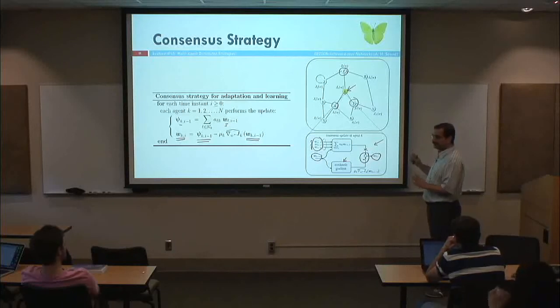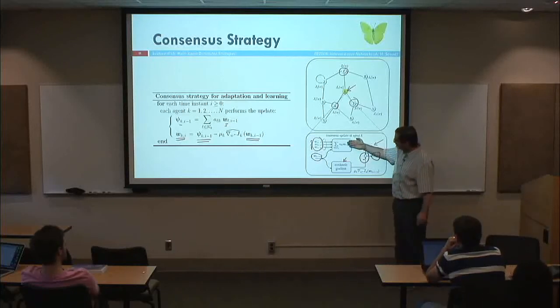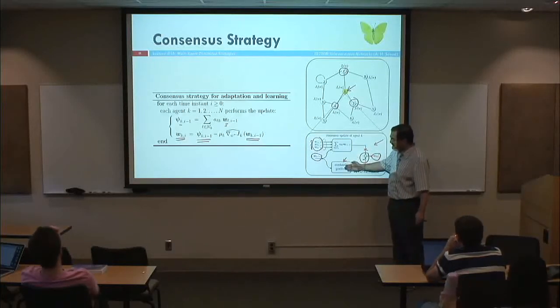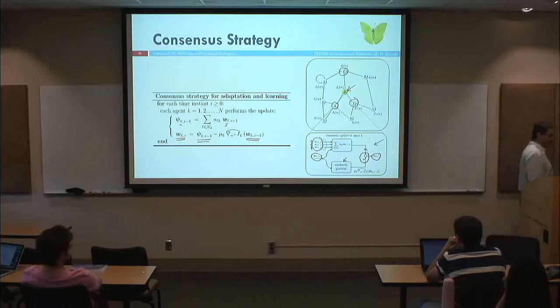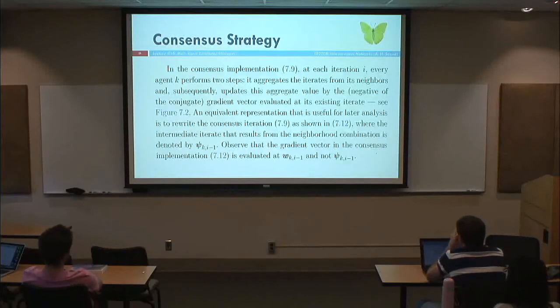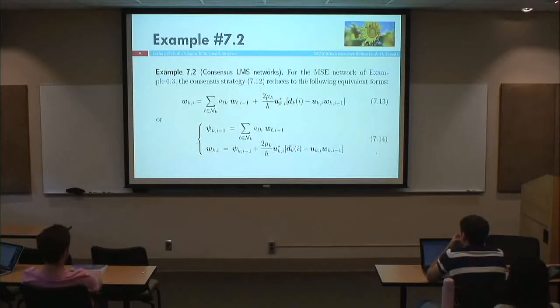You understand? So you see, the combination is being done in parallel with the stochastic gradient update. Just remember that. Okay, so this is the consensus strategy. Why it's called consensus, I'll talk about it more later. Now, this is explaining in words what I just explained in the figure.